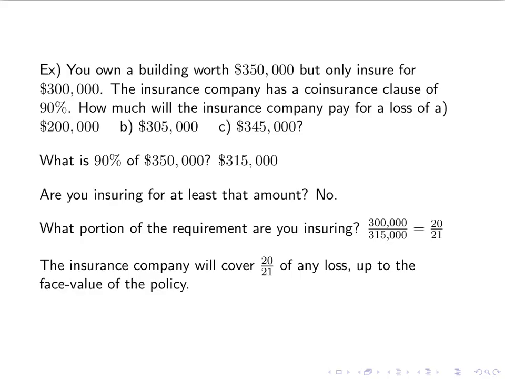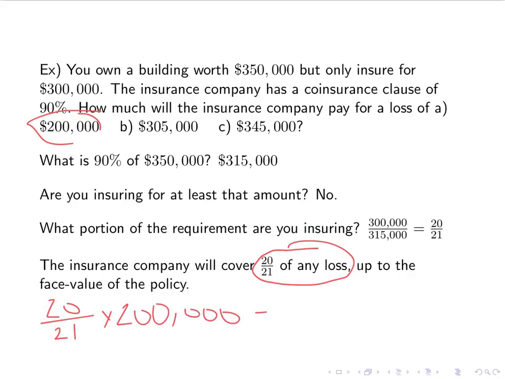So instead of which one's smaller, the face value or the loss, it becomes which one's smaller, the face value or 20/21 of any loss. If I want to find how much I will get out of a loss of, say, $200,000, I take 20 out of 21, multiply it by 200,000, the loss, and I get $190,476.19.